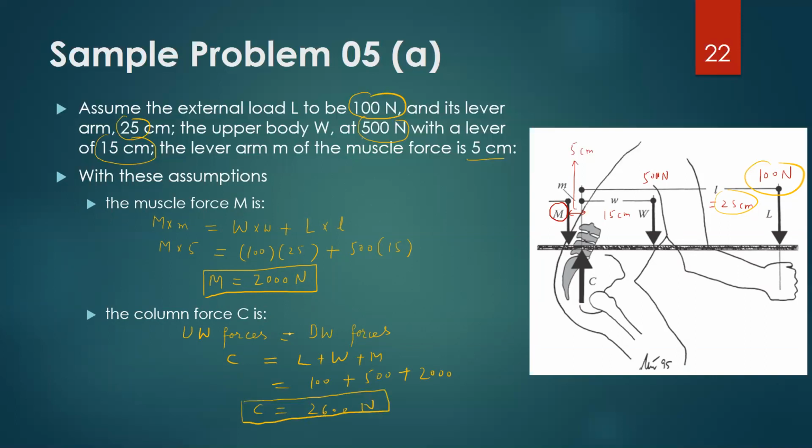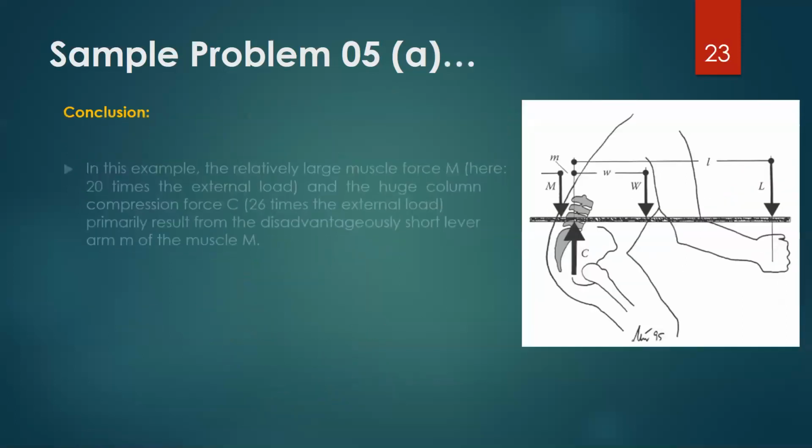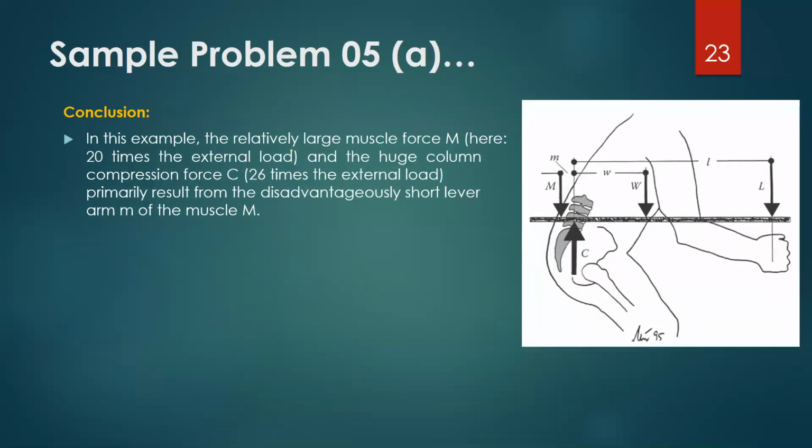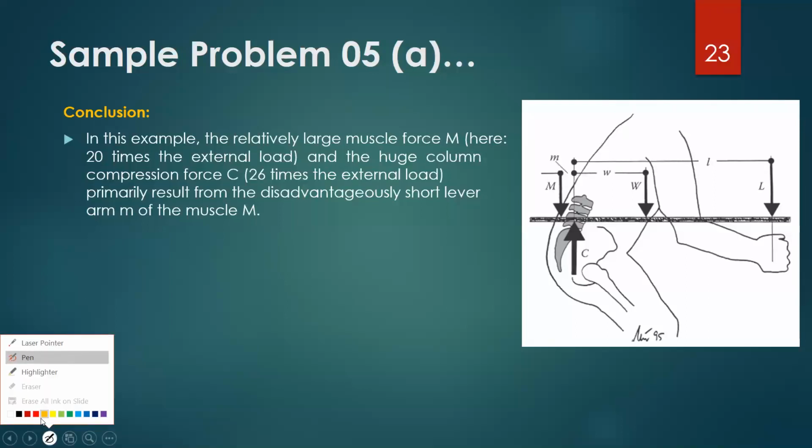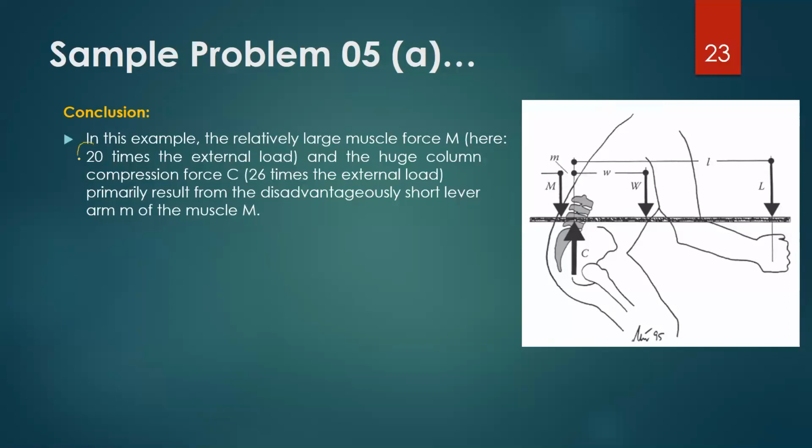Now it is very important to see what these values are actually indicating. So this muscle force of 2000 newtons and this force on the disc of 2600 newtons. So in this example, this muscle force, that is 2000 newtons, is about 20 times the load.